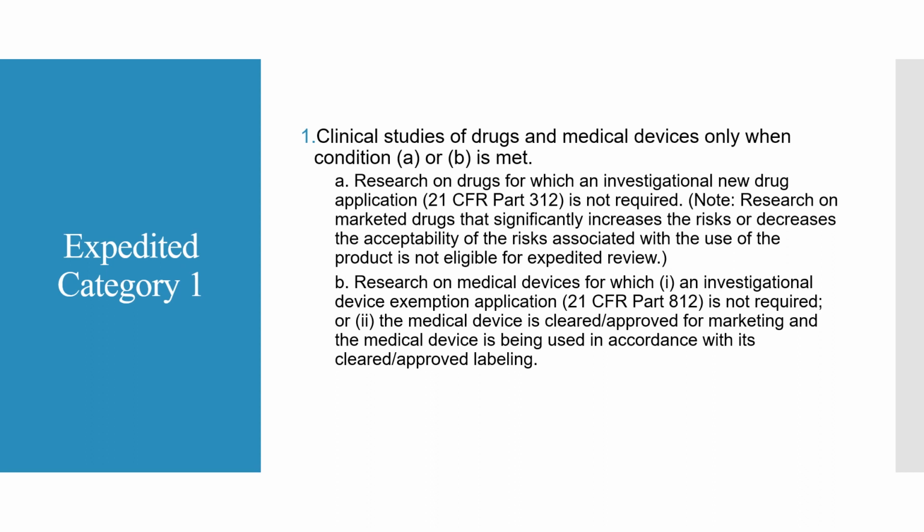Now again, in order to be an expedited review, it also has to stay at or below that level of minimal risk. So keep that in mind whether you're doing research on drugs or medical devices. In using these, your participants cannot go over the level of minimal risk, the level of risk that they encounter every day in their day-to-day lives.